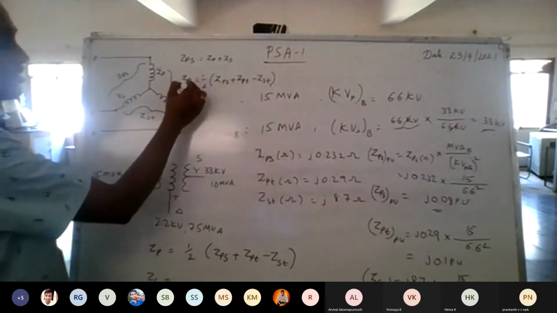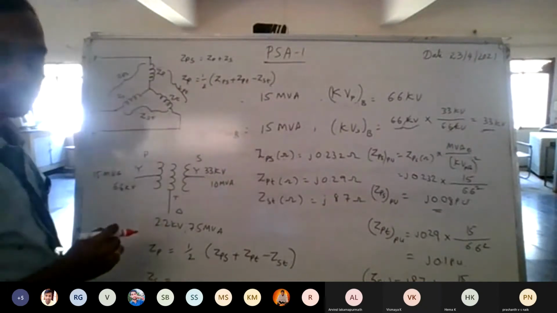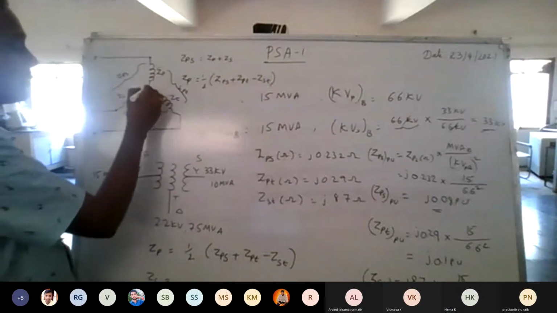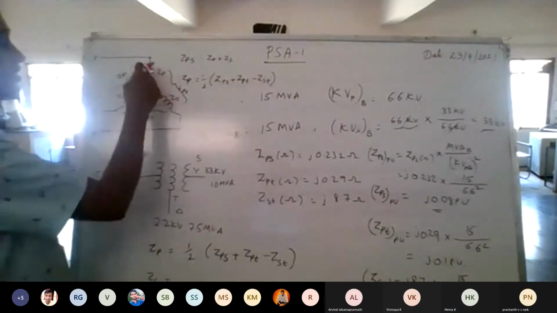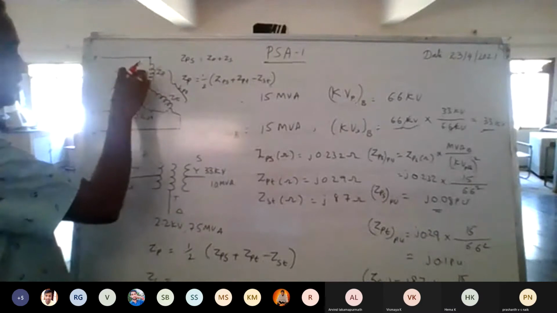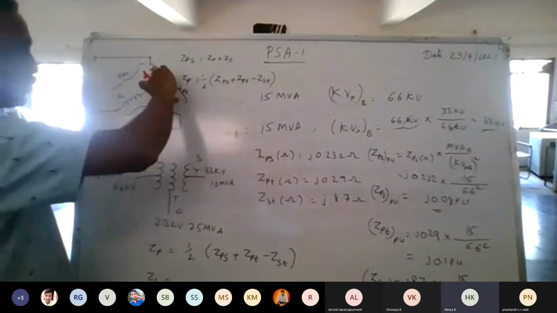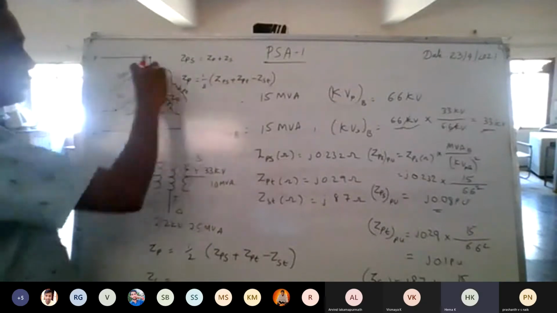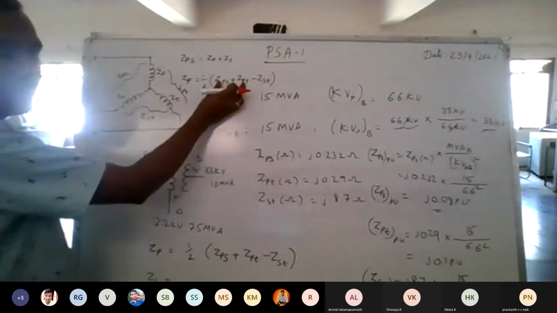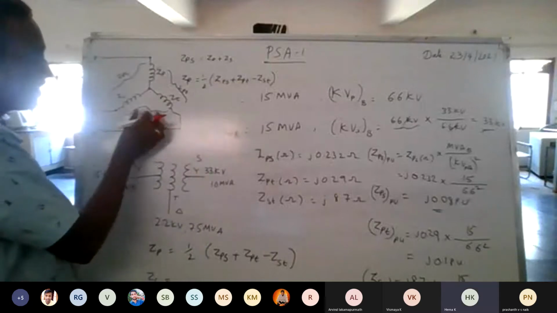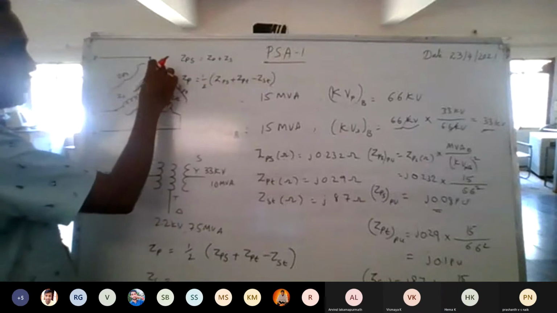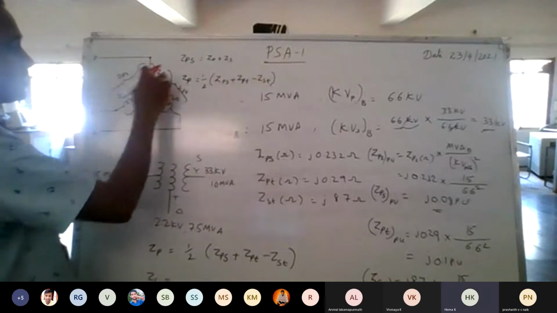I want ZP. ZP is connected between ZS and ZT. So ZPS and ZPT are connected and can be added. Whatever impedances are connected, we add, minus the one that is not connected to the primary terminal directly.